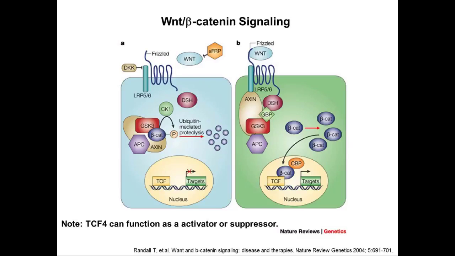When this pathway is activated, GSK3 is inactivated, and phosphorylation of beta-catenin is inhibited. With phosphorylation inhibited, beta-catenin is less degraded, then moves to the nucleus and plays important roles in target genes. Beta-catenin is a co-transcription factor that interacts with the TCF4 transcription factor. TCF4 usually binds to the promoter region, then forms a complex with beta-catenin to drive target gene expression.